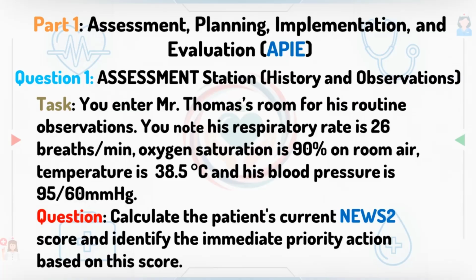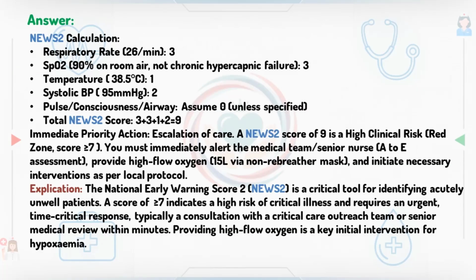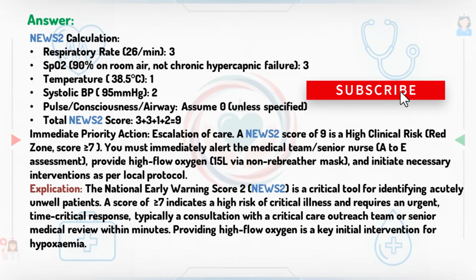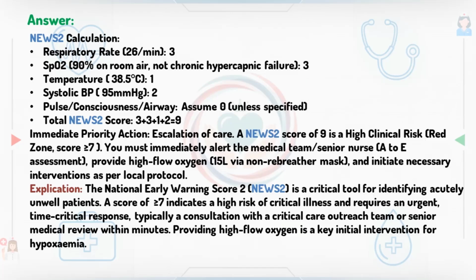Question. Calculate the patient's current NEWS 2 score and identify the immediate priority action based on this score. Answer. NEWS 2 calculation. Respiratory rate 26 per minute, 3. SpO2 90% on room air, not chronic hypercapnic failure, 3.